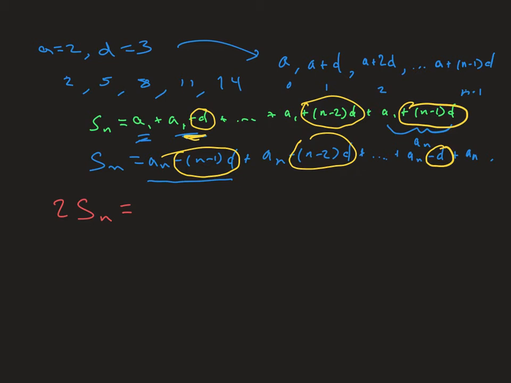But how many a sub 1s and how many a sub n's? Well, there's an a sub 1 in each term in the top, right? How many terms are there? There's n terms. So we have n a sub 1s. And the same applies in the second equation, we have n a sub n's.